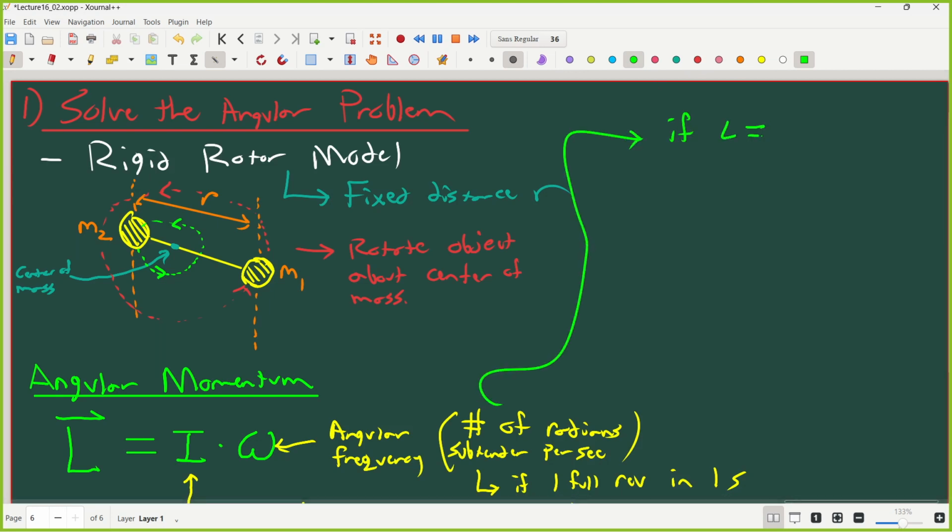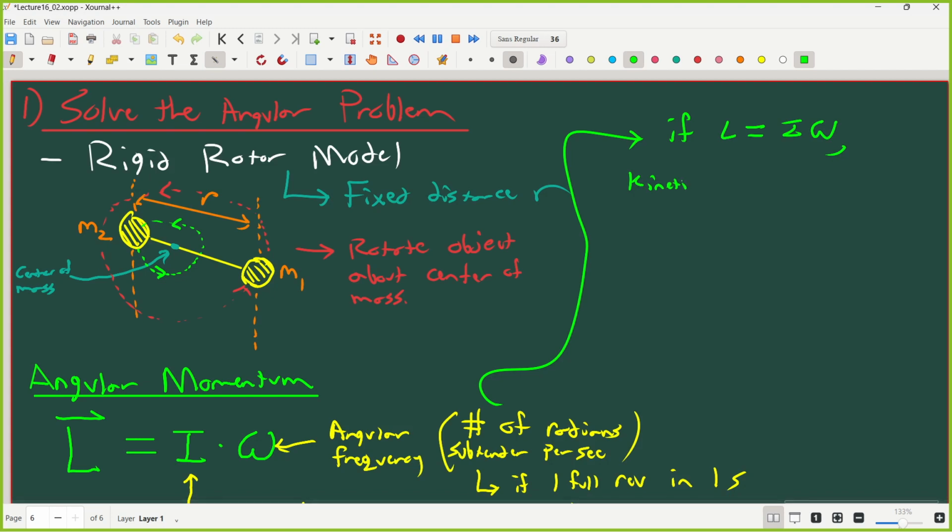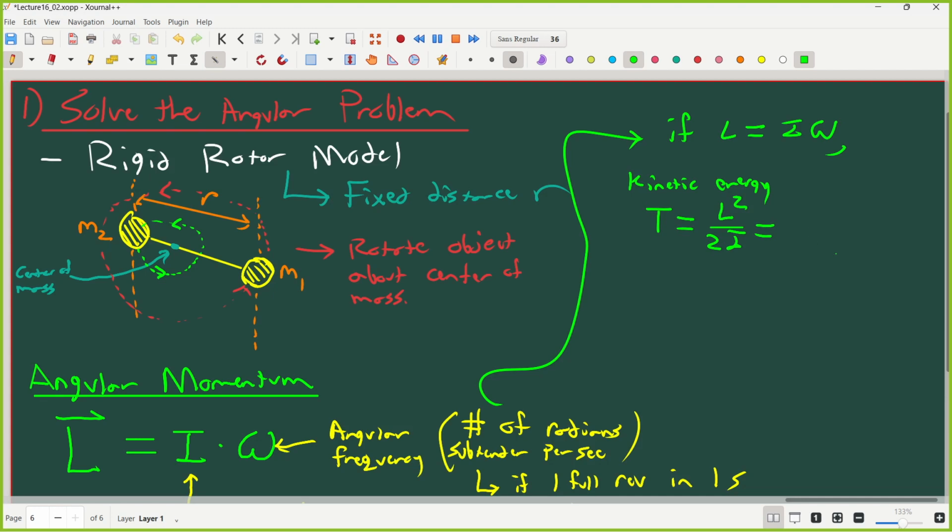If the angular momentum of the system is L = I omega, then the kinetic energy, T, turns out to be L squared over 2I. Which is, well, let's look at that. That's going to be equal to 1/2 I omega squared. Right? Doesn't that look a lot like kinetic energy?